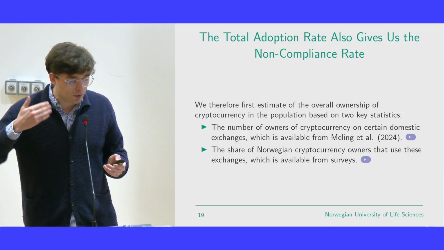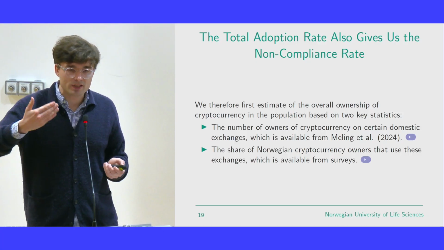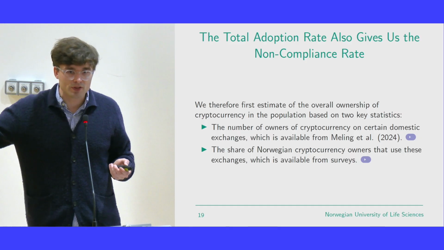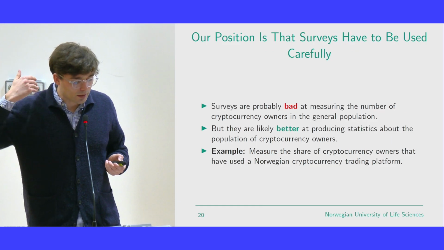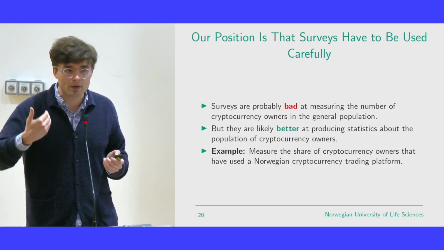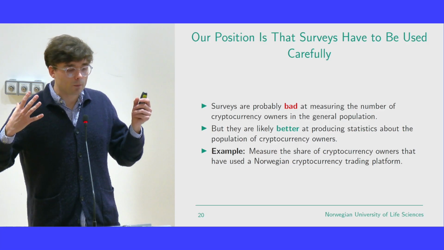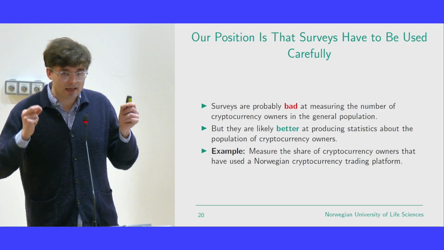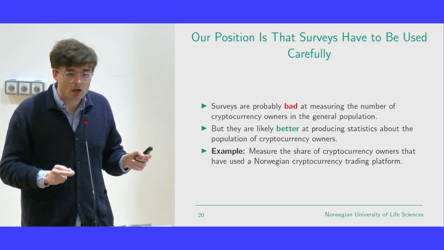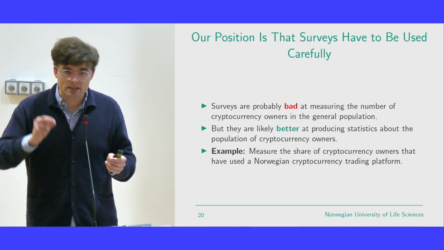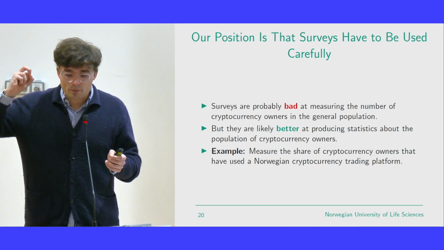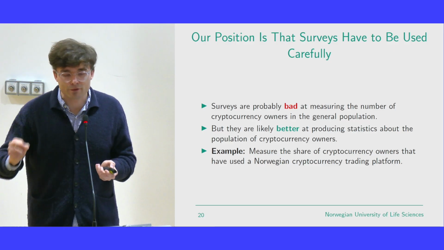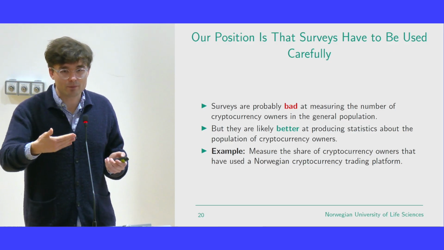And then we look at surveys, because surveys sample people that own cryptocurrency in the population. I'm not going to spend a lot of time talking about how to understand this survey, but what we believe is that we can get a good understanding of how many are using the specific platforms, given having cryptocurrency.